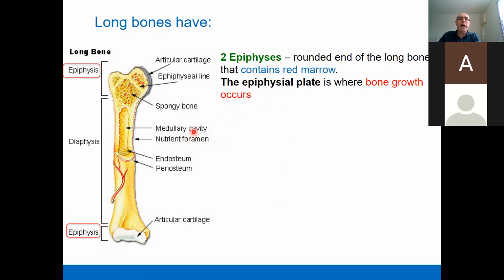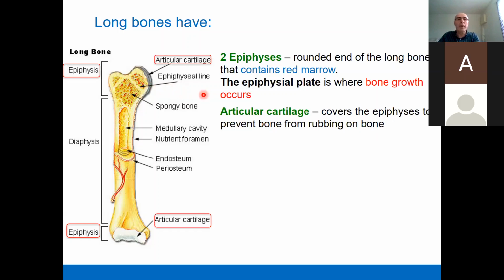The epiphyseal plate is very important, where bone growth occurs. Epiphyses are a really important part of our bones because they contain marrow, where the bone cells are growing and multiplying, and because they are the place where bone growth occurs.